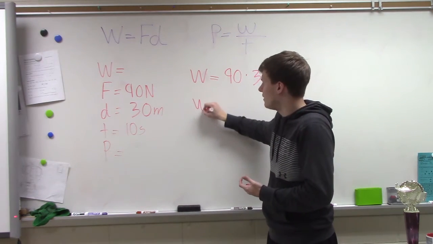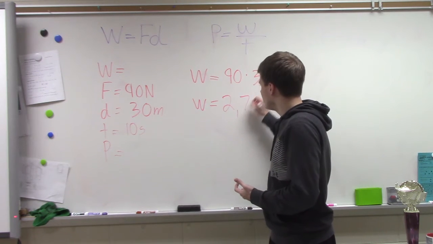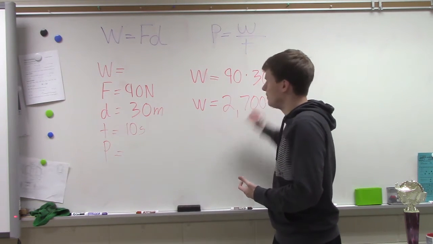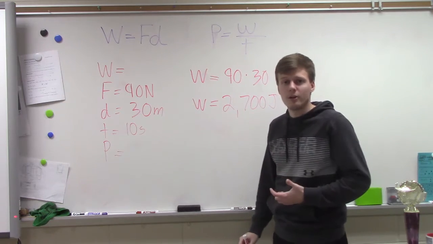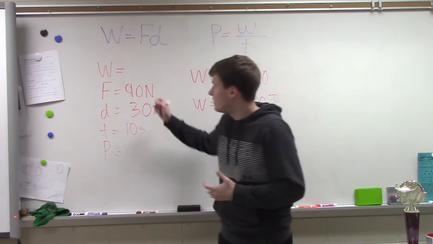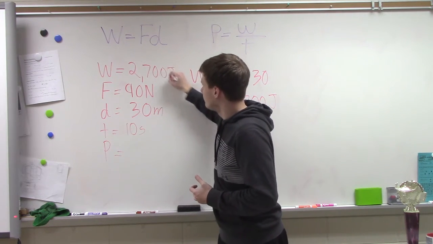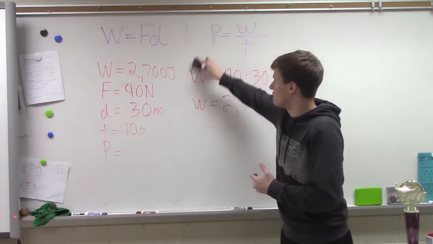And what we should get here is that our work is going to equal 2,700 joules if we plug that into our calculator. So 2,700 joules is going to be our work in this problem. So we can fill that in as our next variable. And then I'll erase my work here.